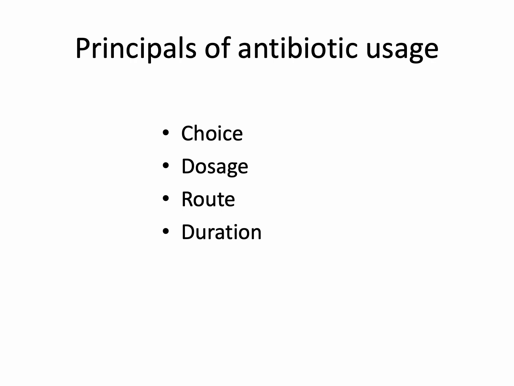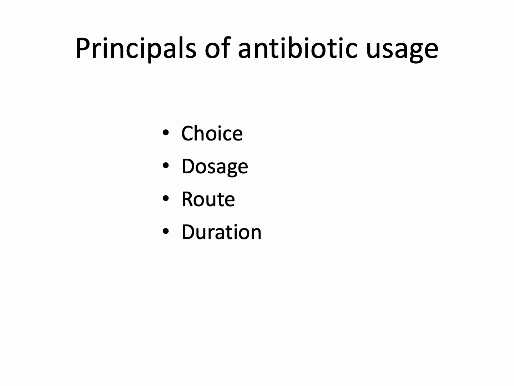So what are the principles of antibiotic usage? There are four principles: choice, dosage, route, and duration. Choice can best be determined using culture and sensitivity, but for most odontogenic infections, we give empirical antibiotics, meaning the most common antibiotic given for that specific condition.